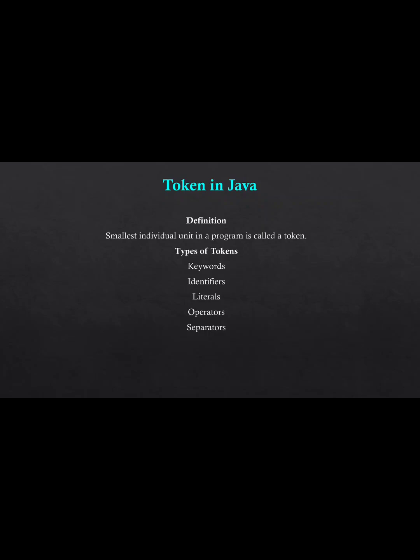Next, talking about literals and operators, operators are anything which performs an operation on two or more operands or numbers. We will explore this in the upcoming chapters. Separators are used to separate two lines, like the semicolon. Why do we give a semicolon after every line of a program in Java? To show that the above line is separate from the below line.